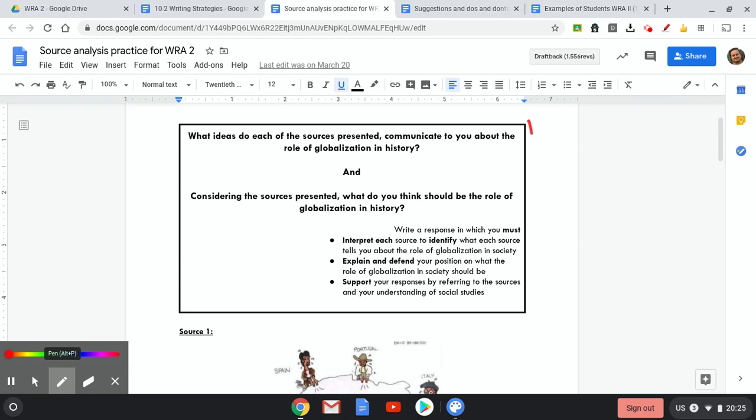So for paragraphs 1, 2, 3, you're answering this question. Paragraph 4, this one. What do you think should be the role of globalization in history? So you're looking for, like, what was good about what happened? What was bad? What would have been a better way of going about it?